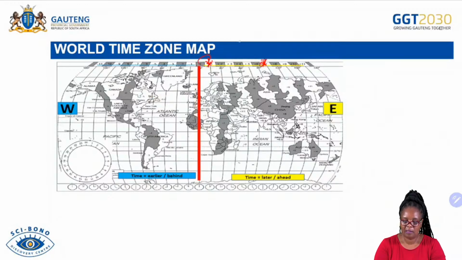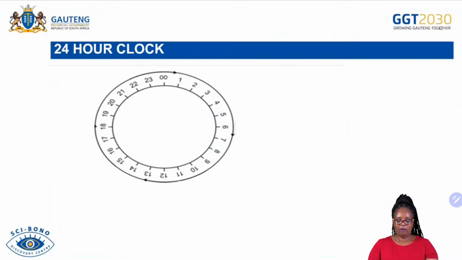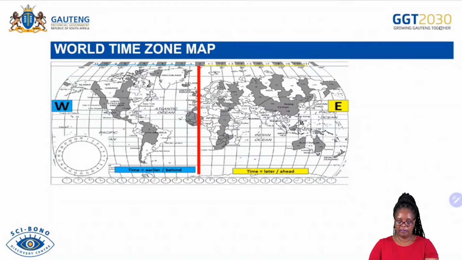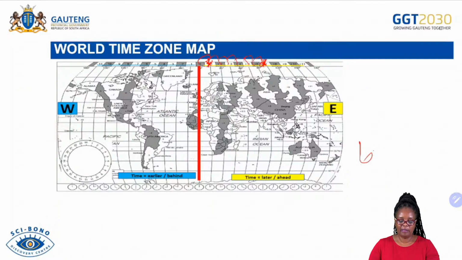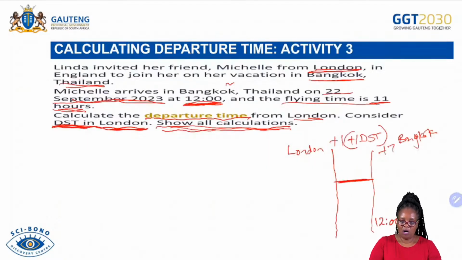It's 1, 2, 3, 4, 5, and 6. So we have 6 hours time difference between Bangkok and London.